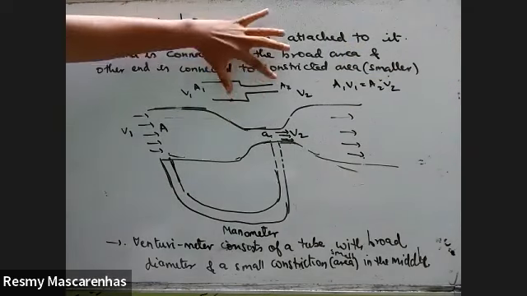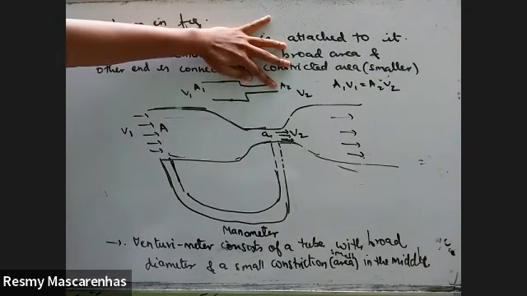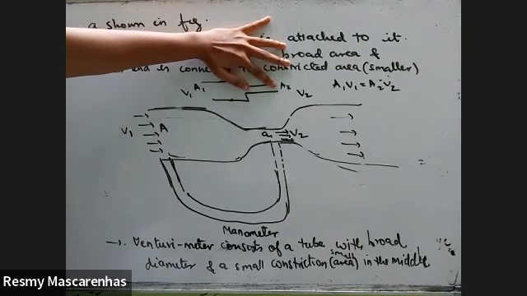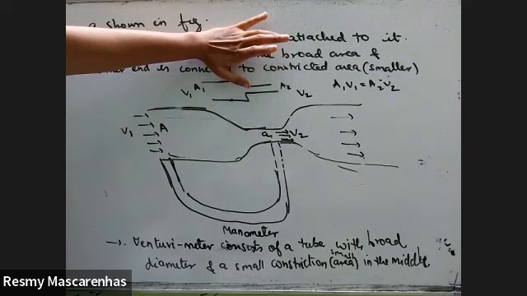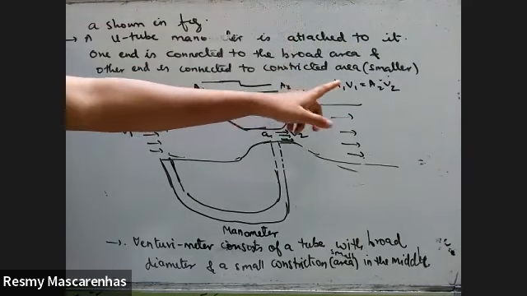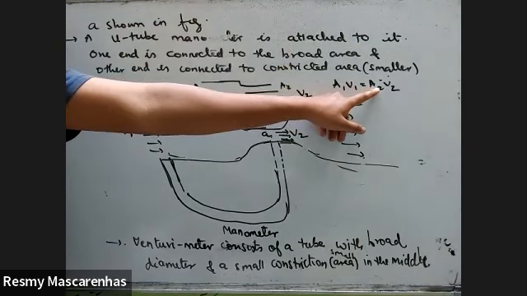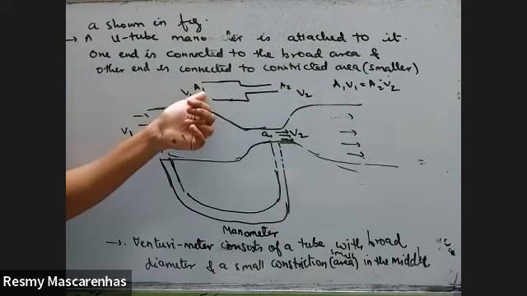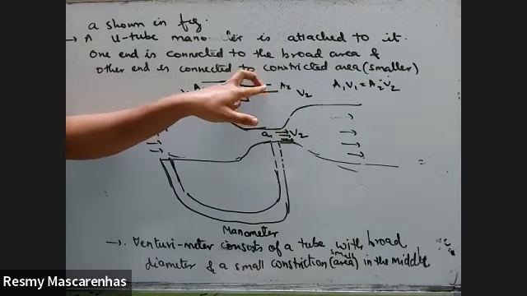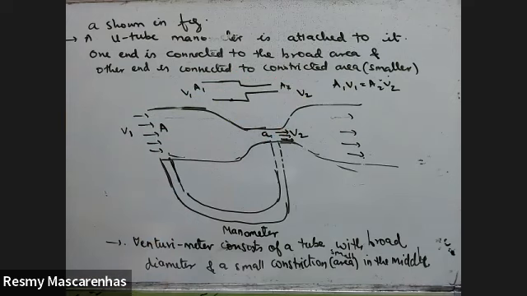If you keep your finger there, you are reducing the area. With a smaller area, you must have noticed the water comes out with more speed. So if you increase the area, the velocity decreases, but if you make the area smaller, velocity always increases. Why does it happen?